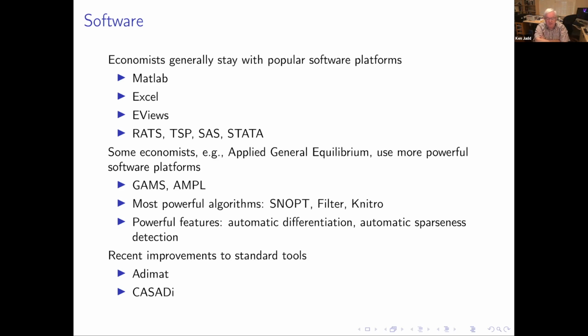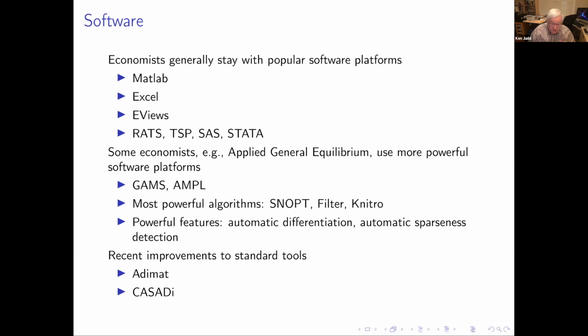Now, there has been improvement, by the way, to the standard tools such as MATLAB with ADiMat and CasADi. Now, we've talked to you about CasADi. There's also, and I think you probably heard some talk about, ADiMat. These are powerful tools that improve the efficiency and adaptability of MATLAB code.